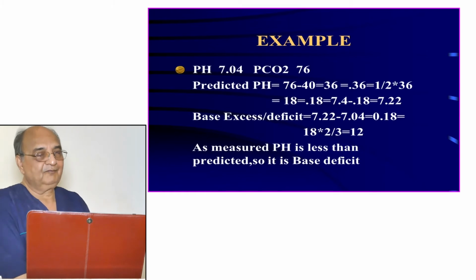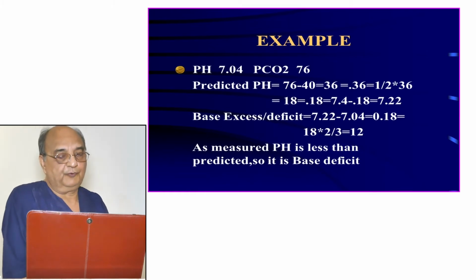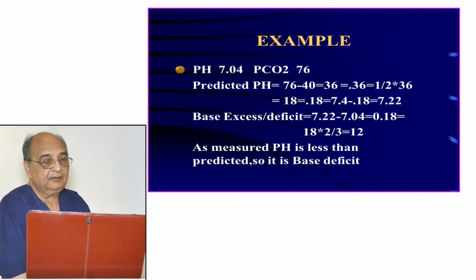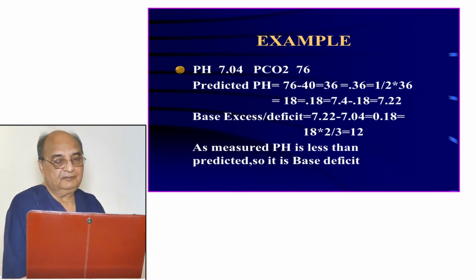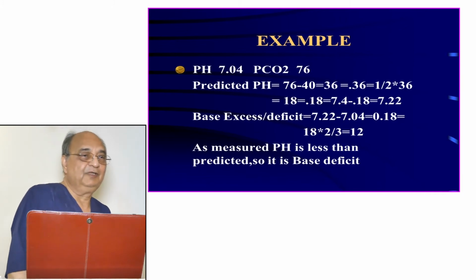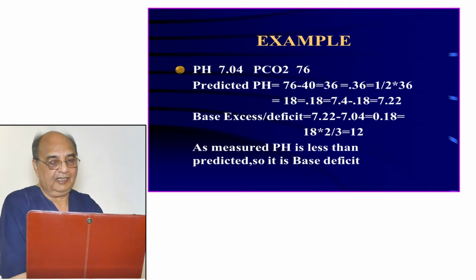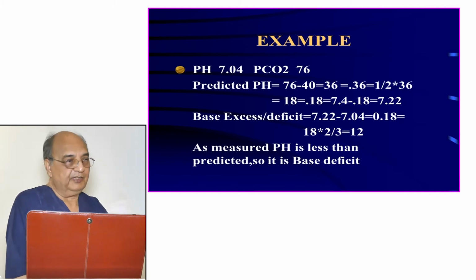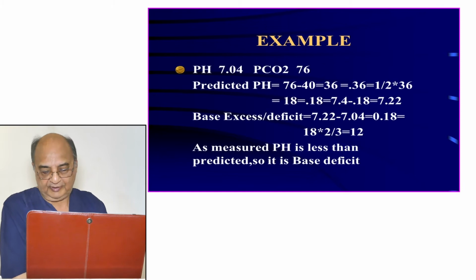An example is pH 7.04, PCO2 is 76, and you calculate the predicted pH, and then you calculate the base excess also. I don't want to confuse you. And then at the end you calculate the metabolic component and respiratory component.